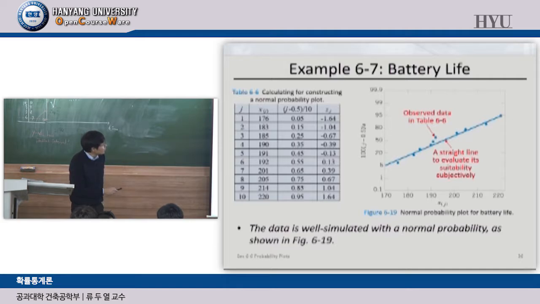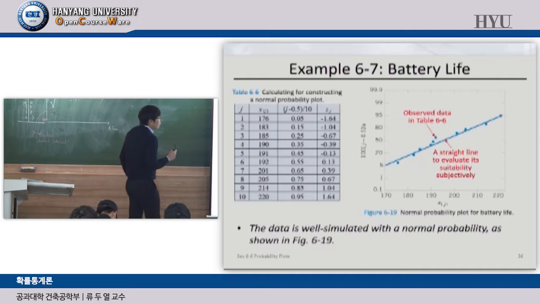Because the observed data exhibit similar behavior to this straight line. Okay? So we can determine that the observed data points are well modeled by the normal probability distribution. Okay? So this is about the probability plot.